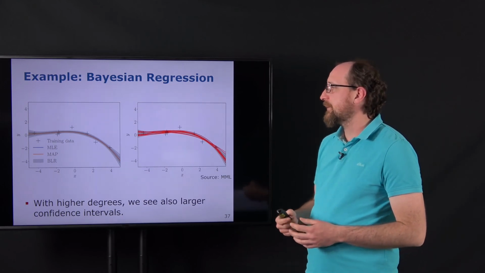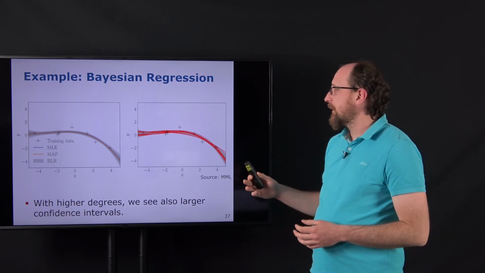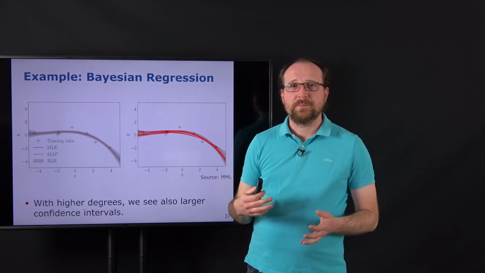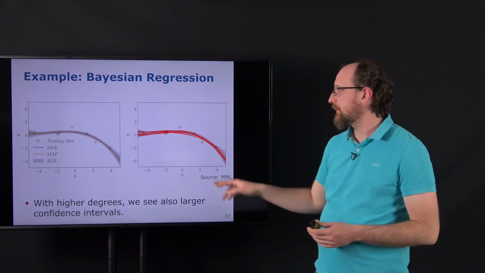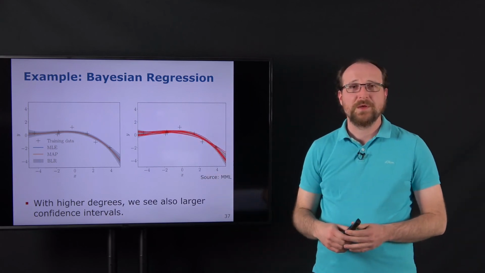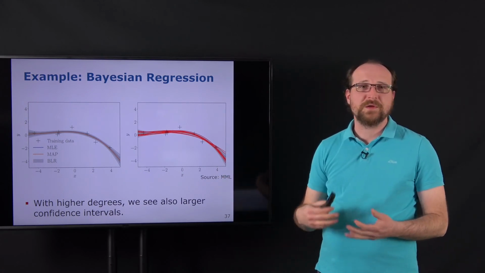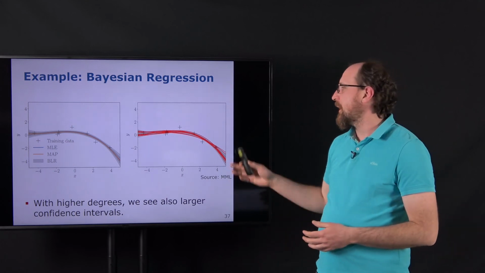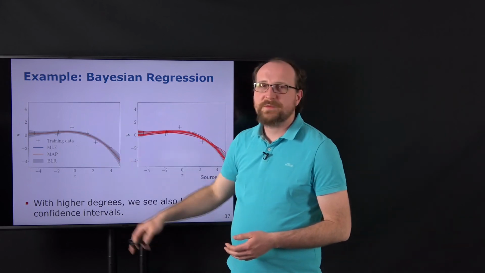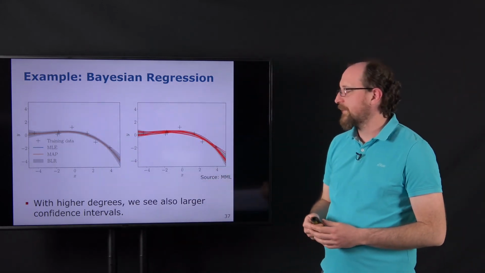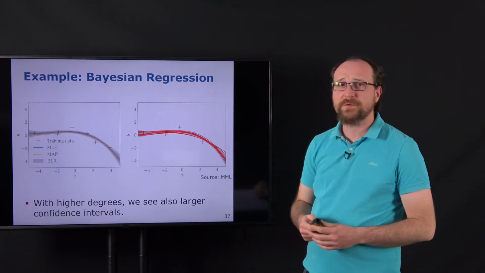On the right side, when you take the posterior, you can sample different theta values. With a different theta, you get a different shape of the function. Here on the right are just different functions that you get with different theta values. They are sampled, and as you can see, they lie in the confidence intervals, because that's what the confidence tells you. And this is now a degree 3 polynomial.